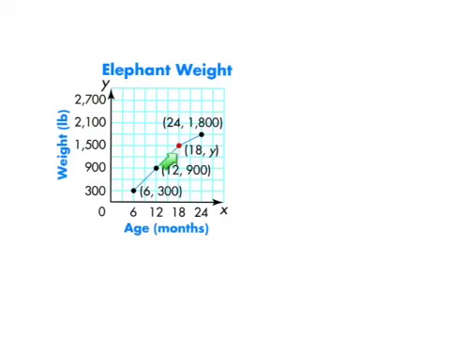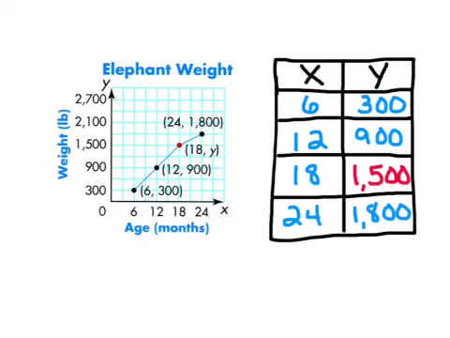But we're missing a y value right here. We see that at the age of 18 months, the elephant weighs how many pounds? If you said 1,500 pounds, you are correct. We're over 18, up 1,500. It's right there.